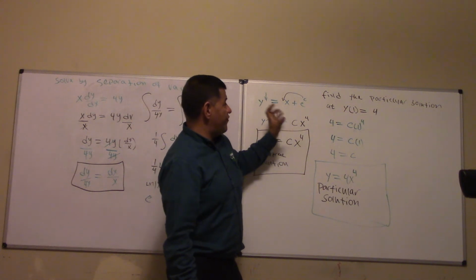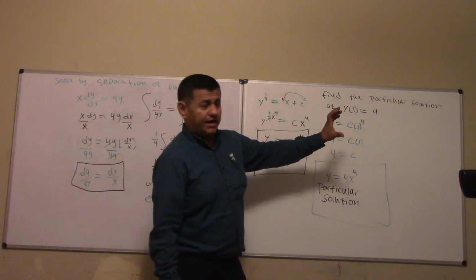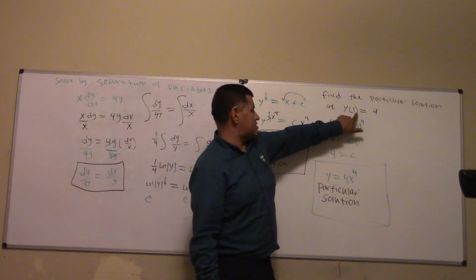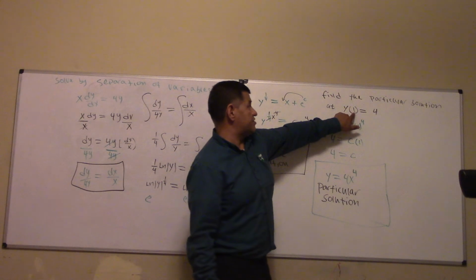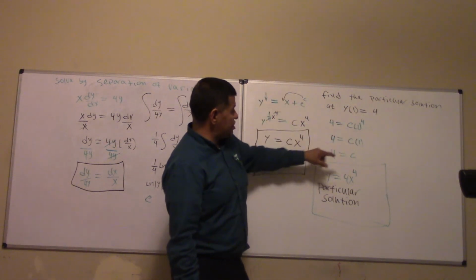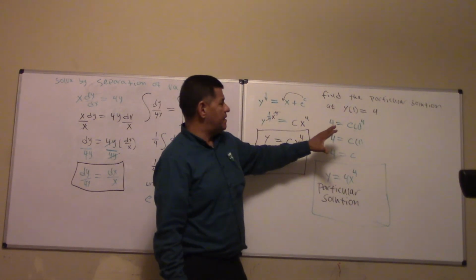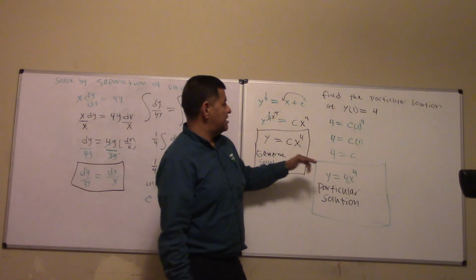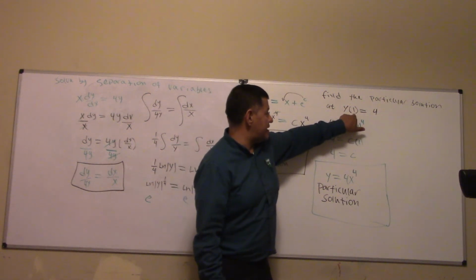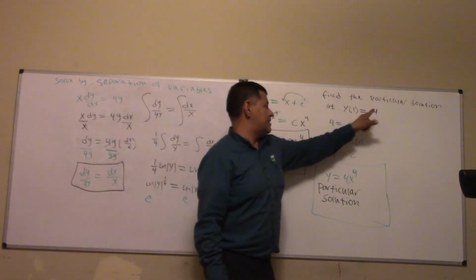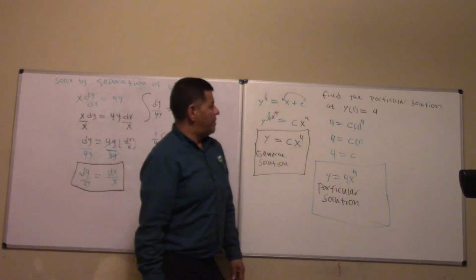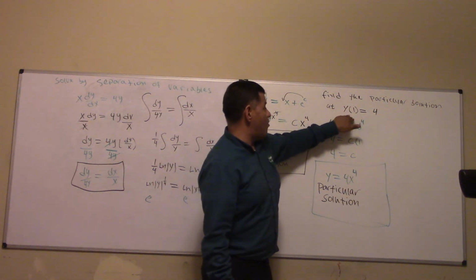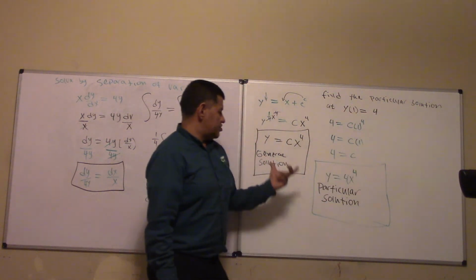If they ask for a particular solution at this point, they have to give you initial conditions in order to find it. The initial condition in this case is that this equation evaluated at 1 is equal to 4. So that's how you do it.